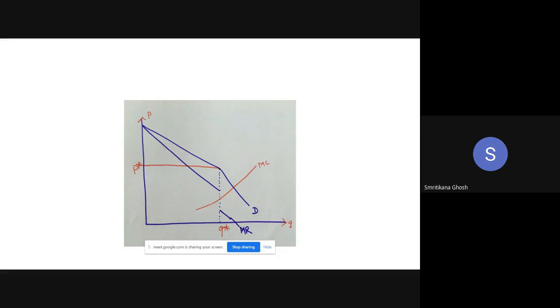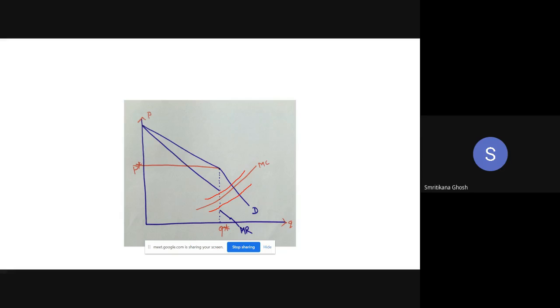Right now, your MC is going through the discontinuous part of your MR. If your MC is a bit less, like this, then also you will have P star as the equilibrium. If your MC is a bit higher, like this, then also you will have P star as your equilibrium. And that is how your cost is changing, but the price is constant. Why? Because your MC is going through this discontinuous part of your MR.